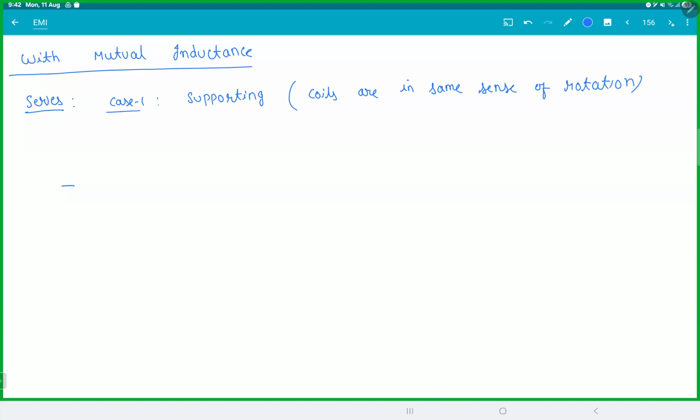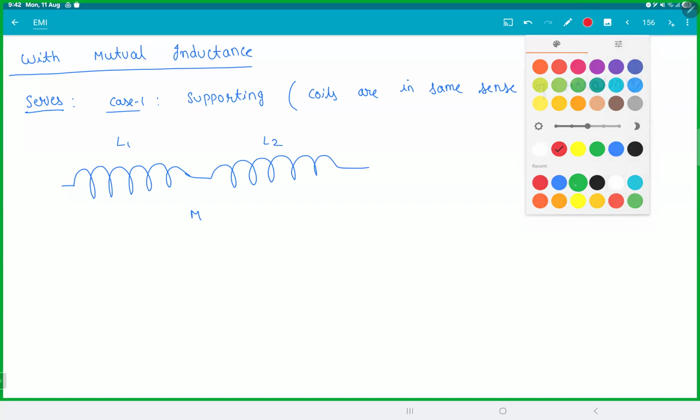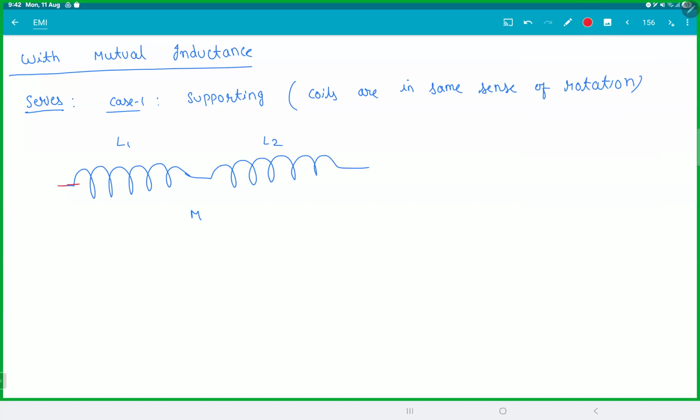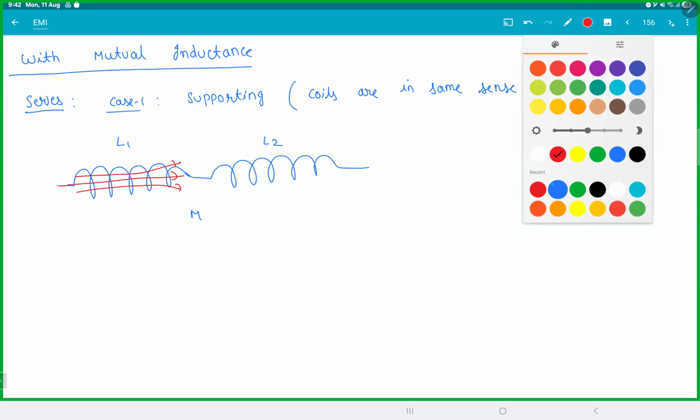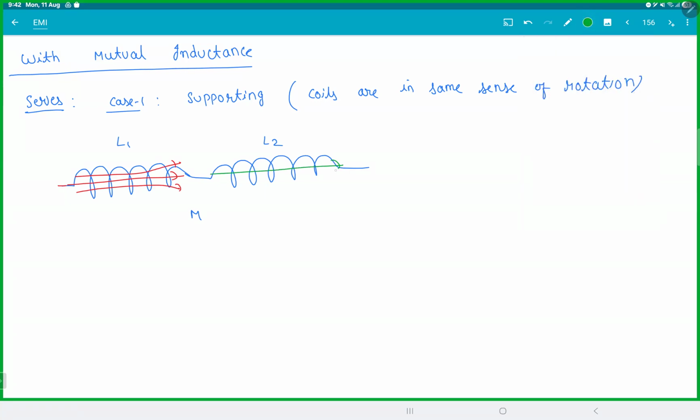Meaning, let's say we take two coils. Let the mutual inductance be M. Now see what happens. Due to the current in the first coil, these field lines will enter the L2 coil. Like I said, the coil 1 flux is entering coil 2.